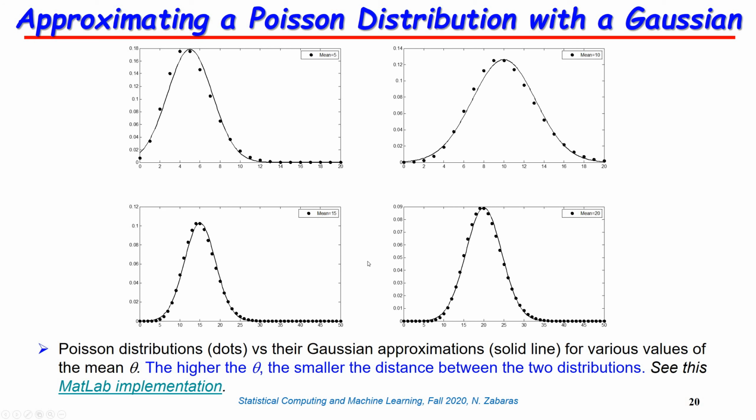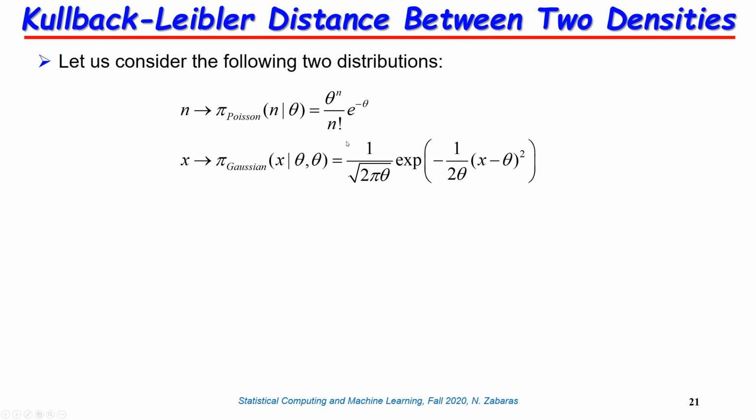That measure is called the Kullback-Leibler distance, or simply the KL distance between two densities. One of the densities in our case was the Poisson density, and the other was the Gaussian density with the same mean and variance as the parameter theta of the Poisson distribution.